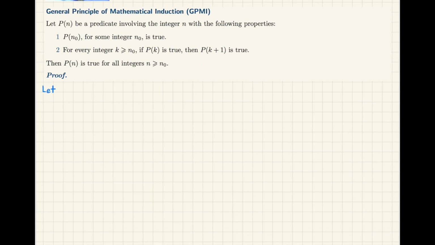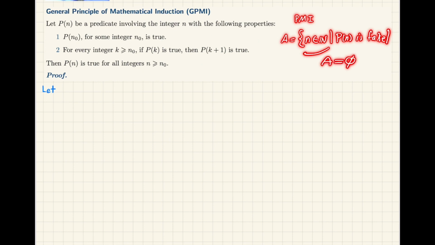So if you remember, in the proof of PMI, I introduced a set consisting of all natural numbers such that p of n is false. And then we showed that A is empty by using proof by contradiction. Now I want to adjust this set in this problem a little bit by doing a shift.